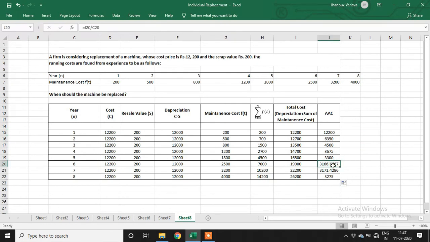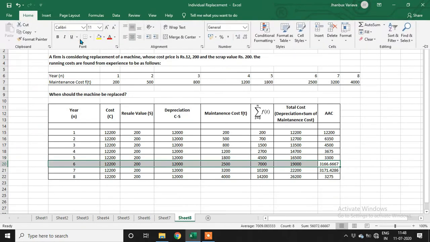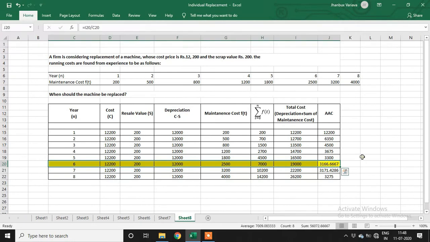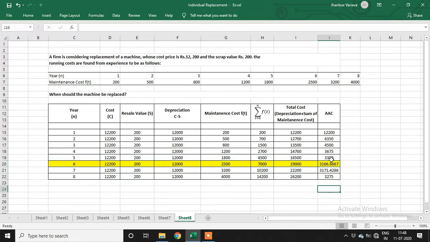So what is a good time for replacement? So we can say that the sixth year is the best time for replacing our model, or our machine, you can say. So this is how you can finalize at what time you can replace the machine.